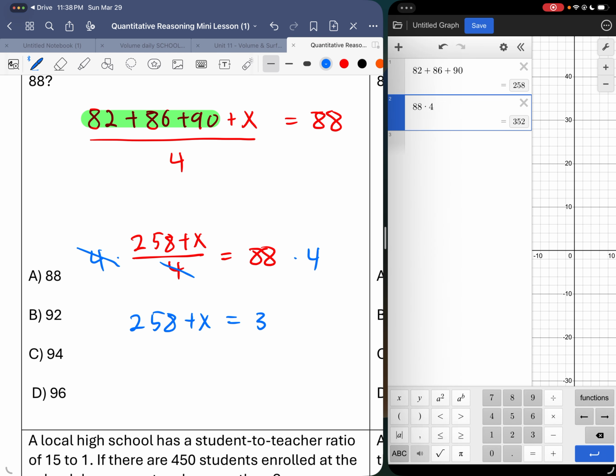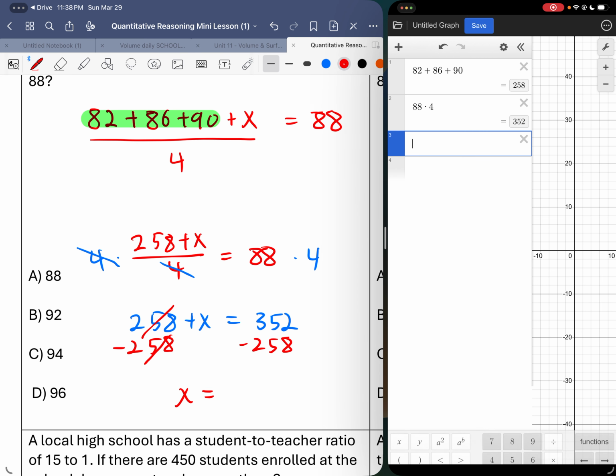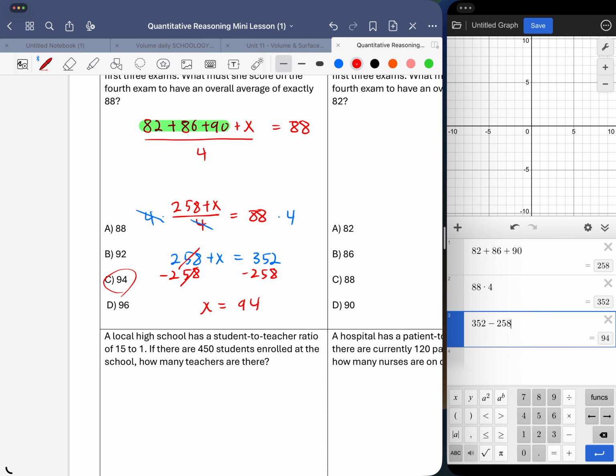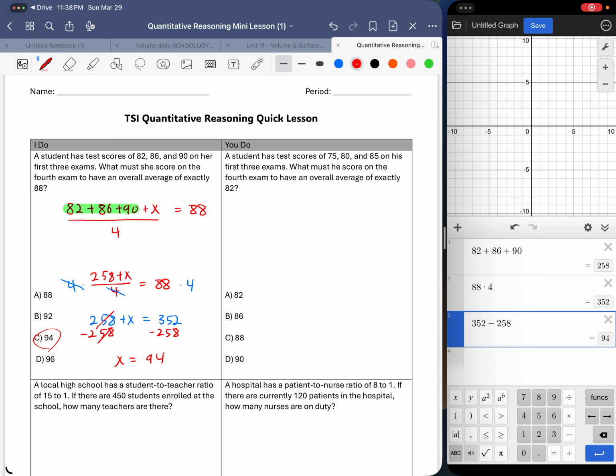I got 352. And subtract 258 on both sides. Your goal is to understand the mathematical concept, not to beat the test. So there we go, we got this. Now try the question on the right by yourself.